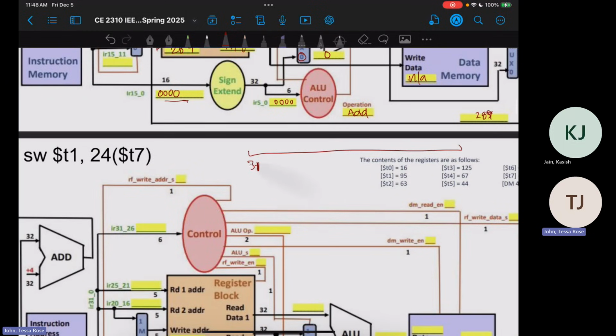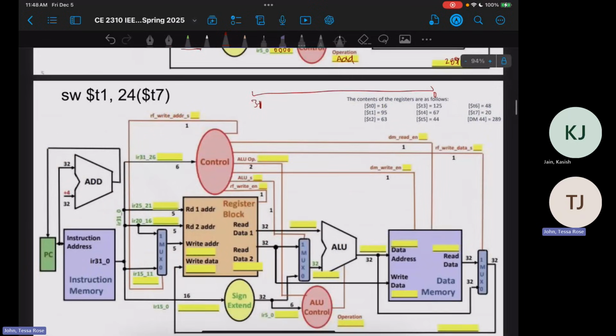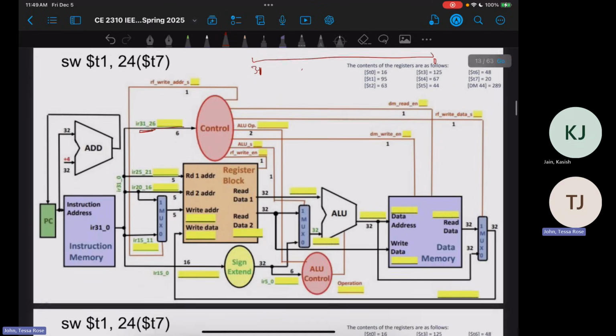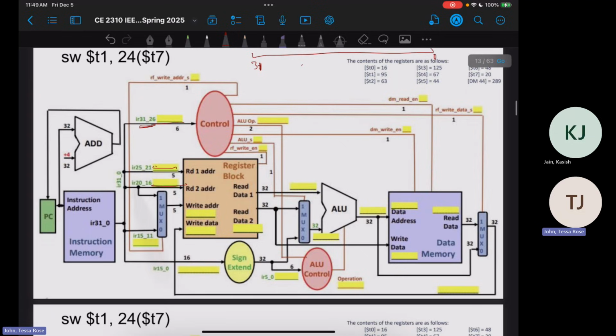The leftmost is 31, rightmost is 0, and you literally just copy paste whatever the numbers are into that placeholder. From 31 to 26, if it's 0, 1, whatever it is, you just write it right here. Same thing over here. Wherever it says IR 20 to 16, just take whatever the numbers are in that position and write it.